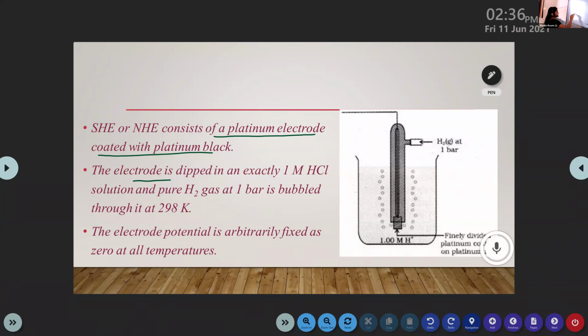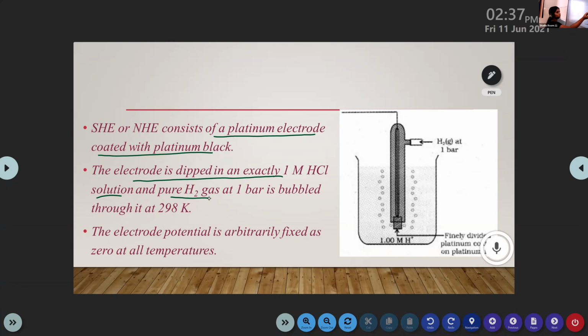The electrode is dipped in an exactly 1 molar HCl solution, and pure H2 gas is passed into it.